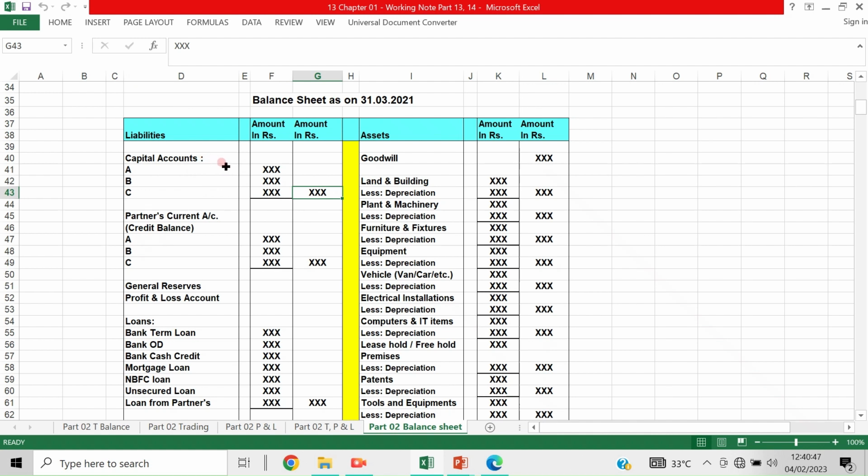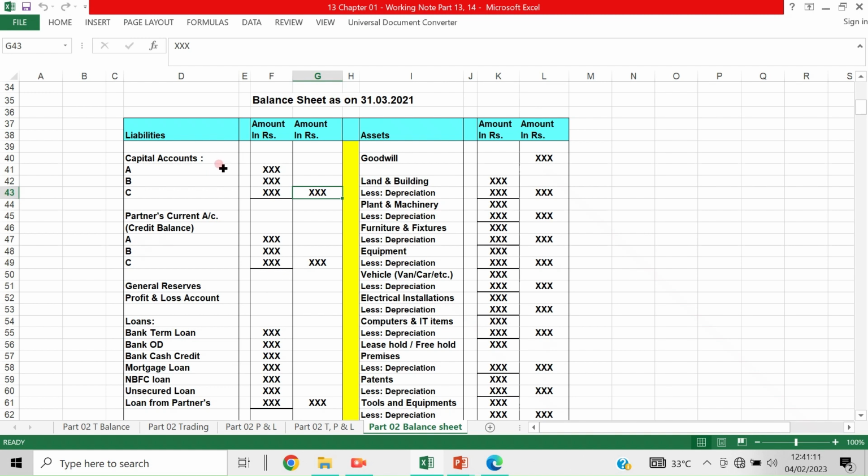It is prepared if the capital accounts are maintained as a fixed capital method. So under the fixed capital method, the first capital invested in the business is kept fixed. That will not change.